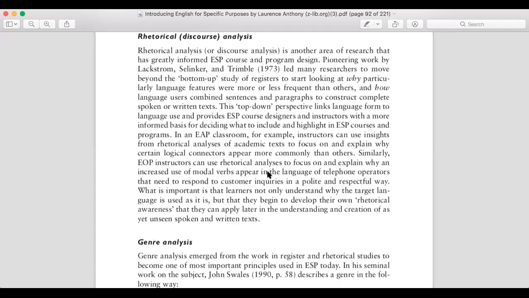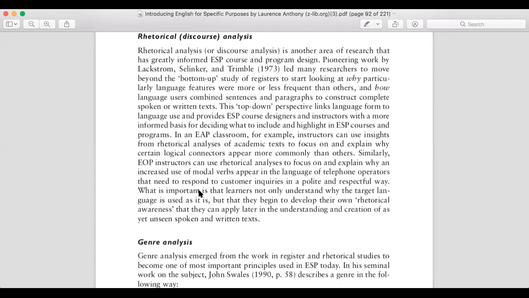So here, in rhetorical analysis, for instance, you were analyzing maybe an abstract. Now what you have analyzed here in rhetorical analysis, English for occupational instructors can analyze the language of telephone operators who need to respond. This is their need.